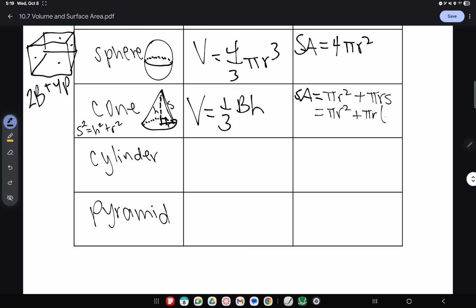So the slant height, if I were to solve for s in that formula, is the square root of h squared plus r squared. That way I only am working with the height and radius if the slant height's not already given.